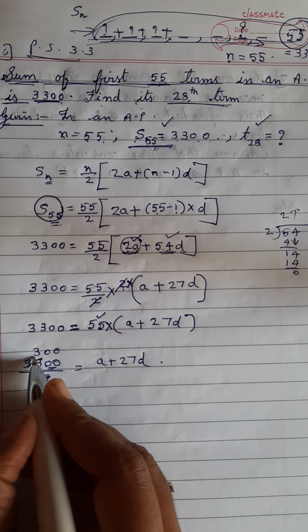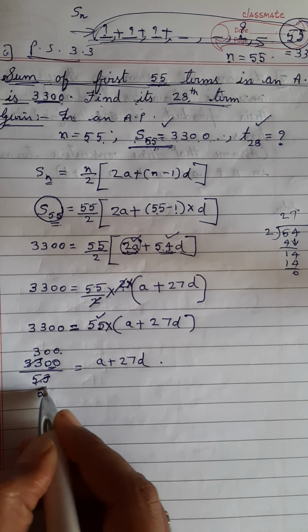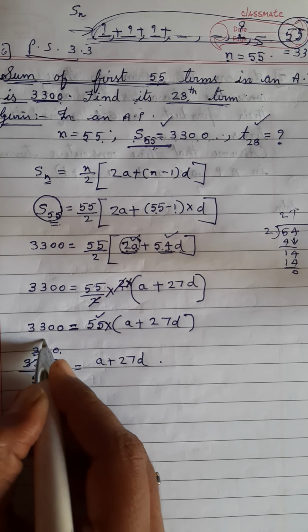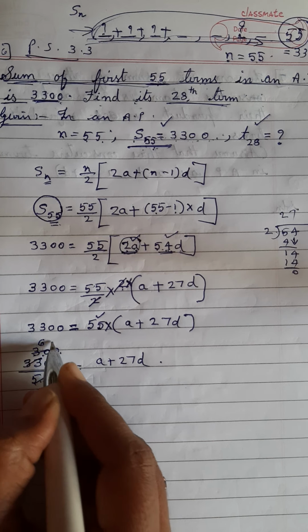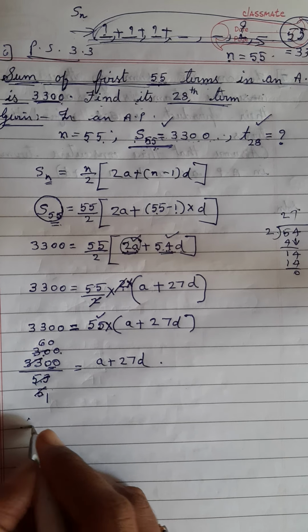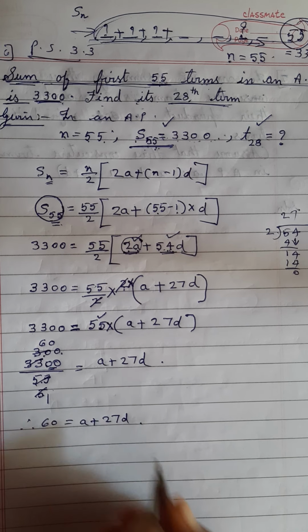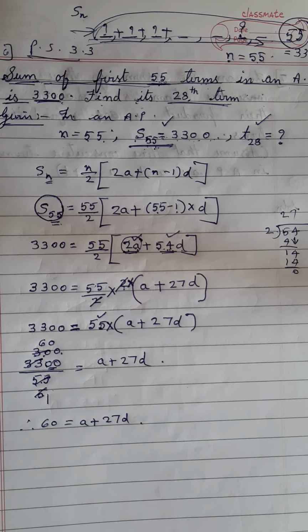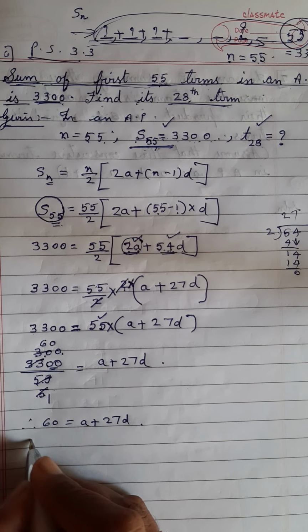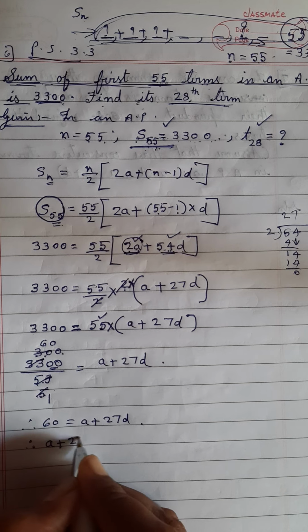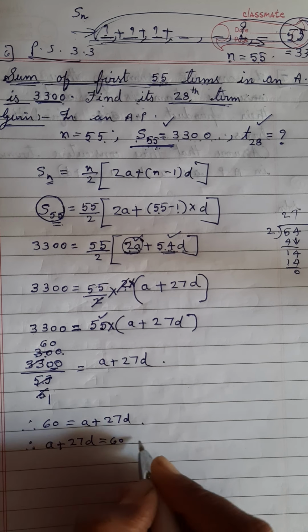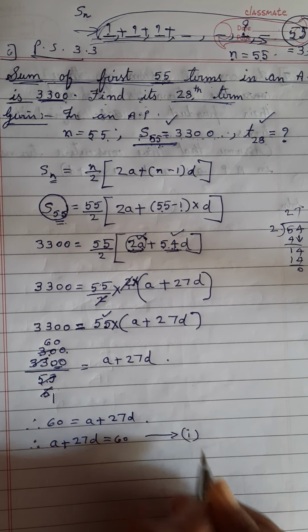Again 300 divided by 5: 5 6s are 30. Therefore 60 is equal to a plus 27d. So a plus 27d is equal to 60. Consider this as equation 1.